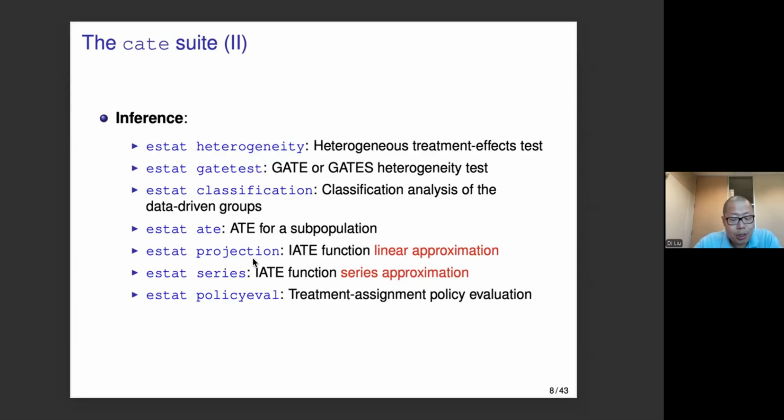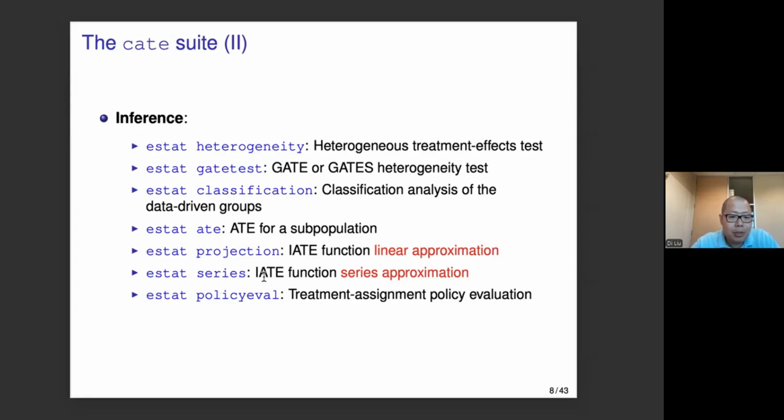Estat projection projects the IITE function into a linear space, so linear approximations of the IITE functions, and it can be interpreted as regular regressions. So it gives us some hint on how certain Xs change the treatment effects.